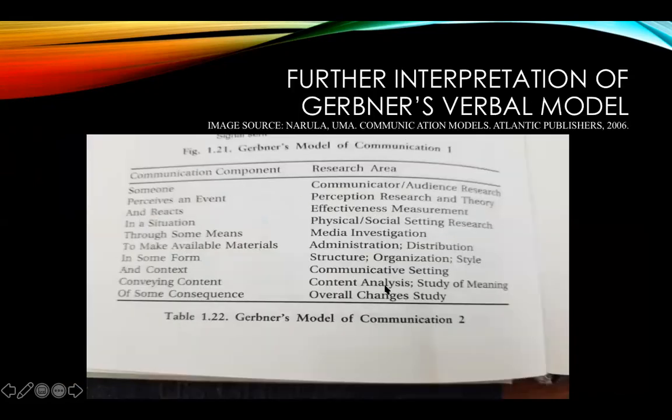All right, and this was another slide that was related to some use of Gerbner's model, that someone here denotes audience. Perception of event is related to perception of research. I gave you this picture to explain that Gerbner's model has these distinct fields, these distinct areas that can be helpful for different communication scholars to conduct research in their respective fields.